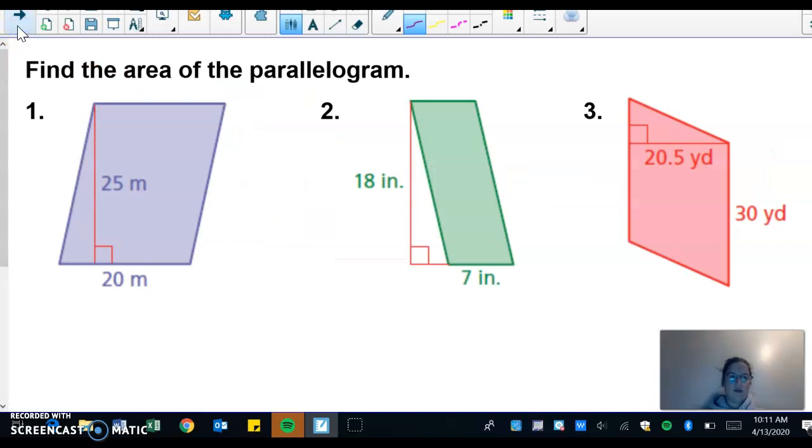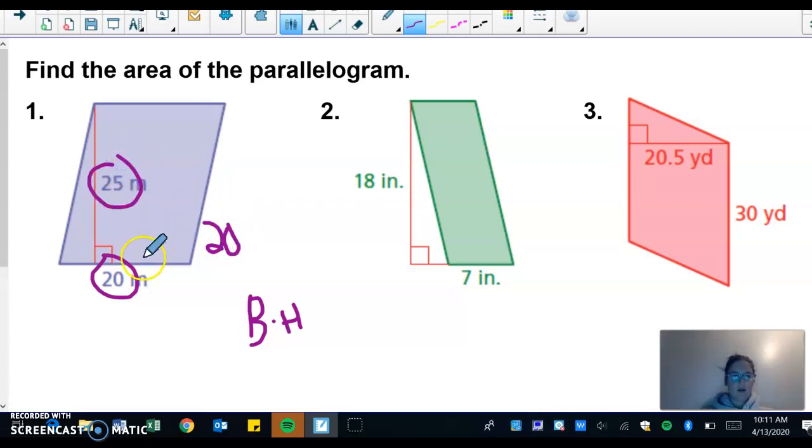So for a few examples we have here, all you're going to do is just base times height. Base times height for a parallelogram. So this would be its base, so that would be for the purple one, 20. And then the height would be 25 because it's from base to base, 20 times 25.